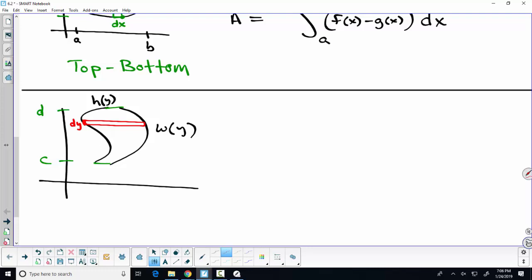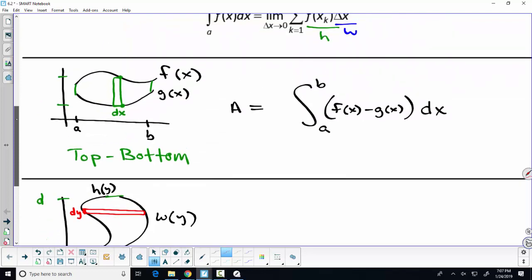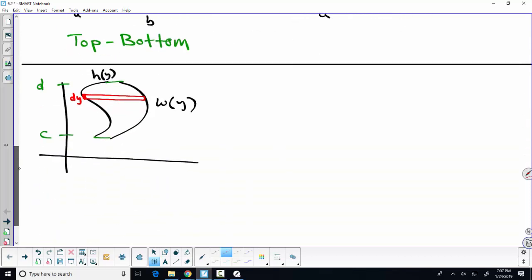Maybe once you see 6.3 and 6.4, you've got a different way to think about it. But in 6.3 and 6.4, it's super crucial to draw these pictures and know what your setup is, because this involves an integral in terms of y. This is an integral in terms of x. So your bounds change, and what you have to solve for in terms of your function changes. So it's super crucial, but the idea is still the same.